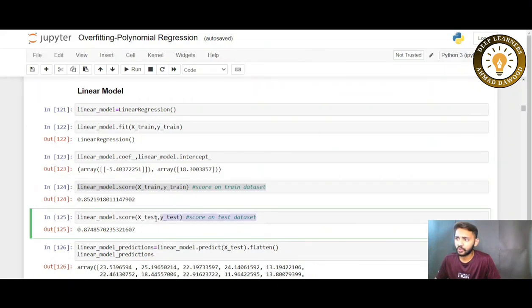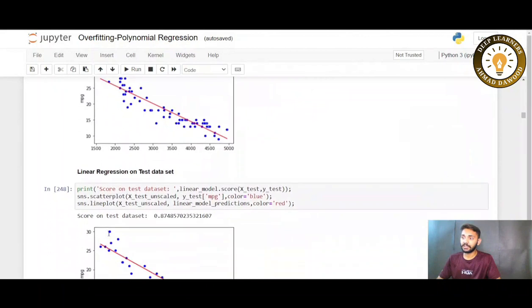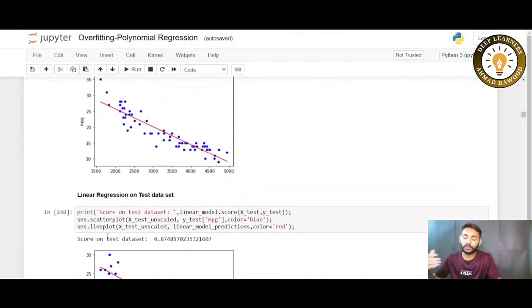And the score on the test data points is also 0.87, which is also good. So the linear model is also good in that case. But of course, we want more accuracy in real world scenarios. We are going towards the models that are good, or you can say the best in our case.